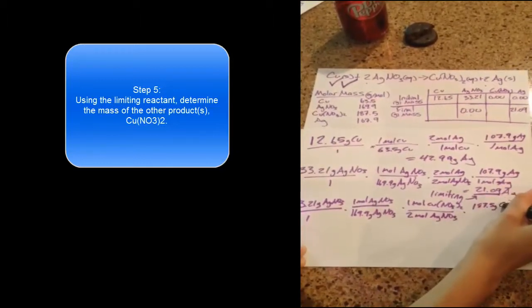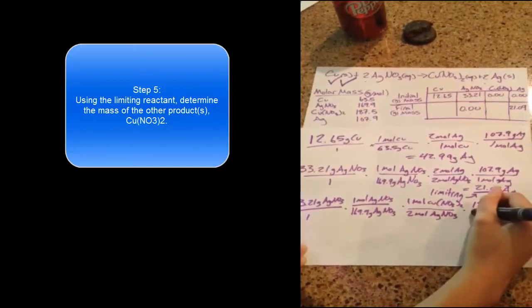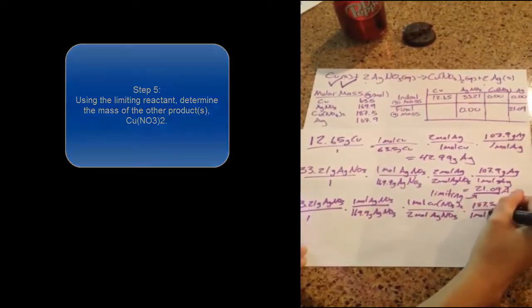Again, solving the equation shows that the 33.21 grams of silver nitrate yields 18.33 grams of copper 2 nitrate.